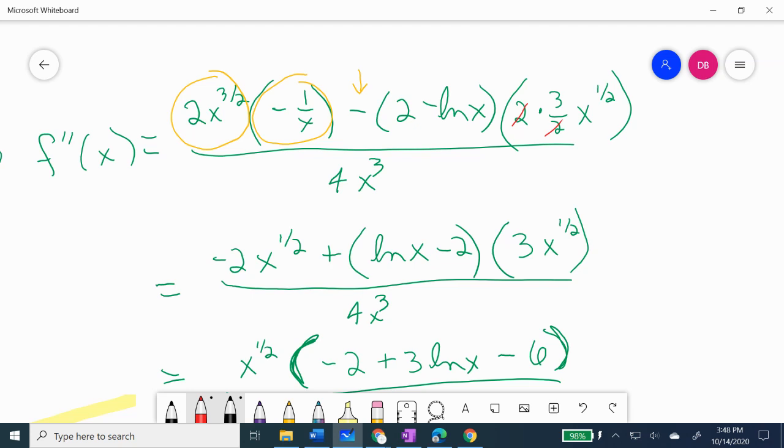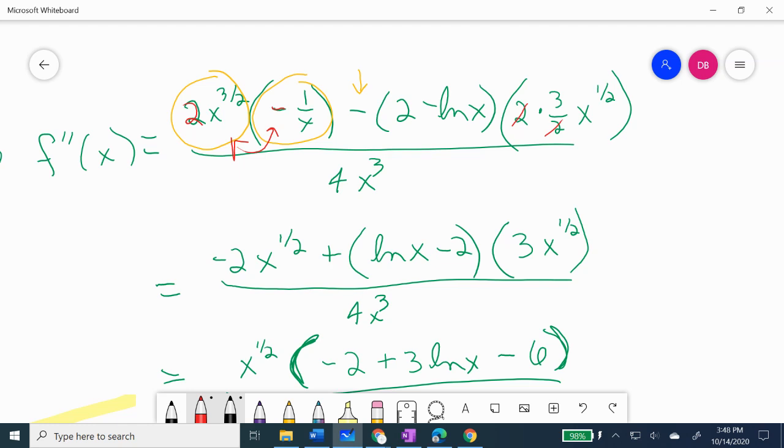And then I take a look at what I have. When these two combine, I end up with negative 2 times x to the 3/2 times 1 over x, so that will be x to the 1/2.